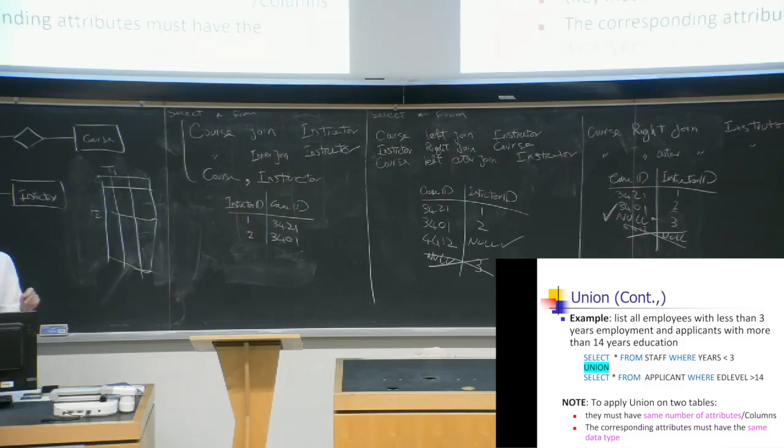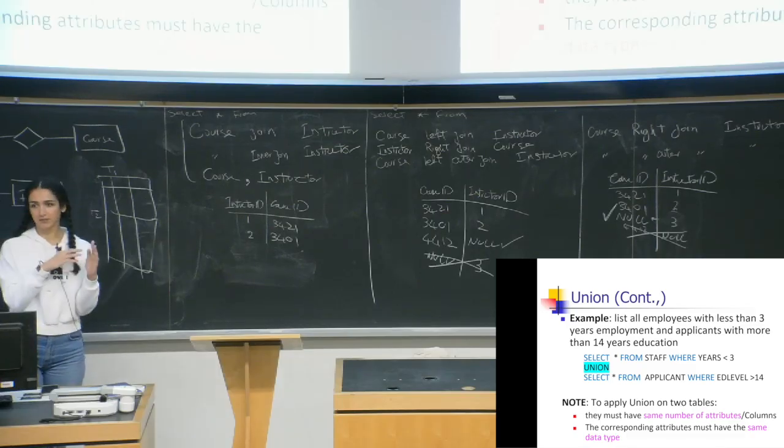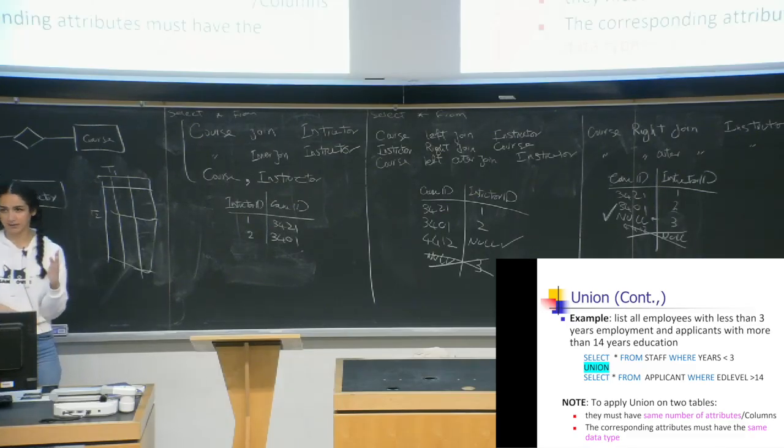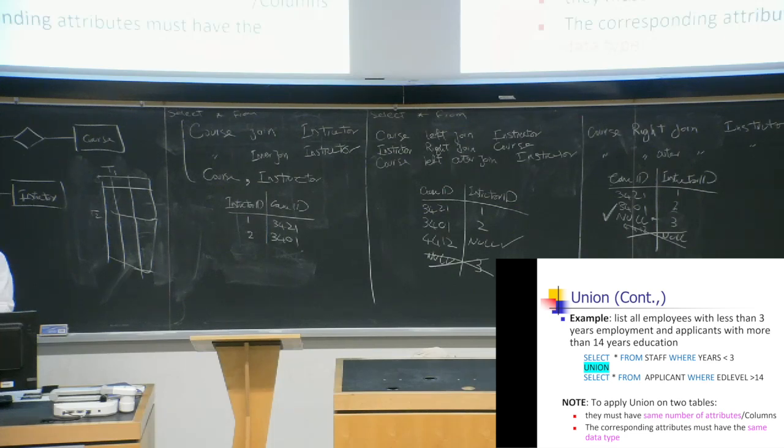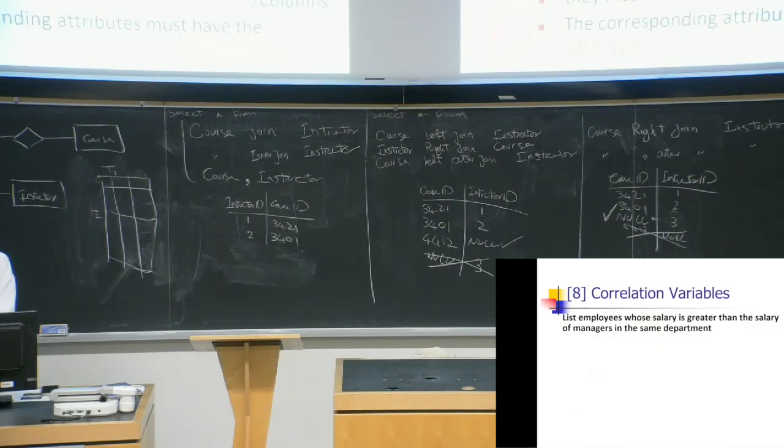In both tables, we have names. The first one is a staff name, the second one is applicant name, right? And then in the first table, we have a column year, which is the same as column year here, right? So they have the same number of columns, they have the same data type, and then you can use union. So these are the conditions: same number of columns and the same data type.